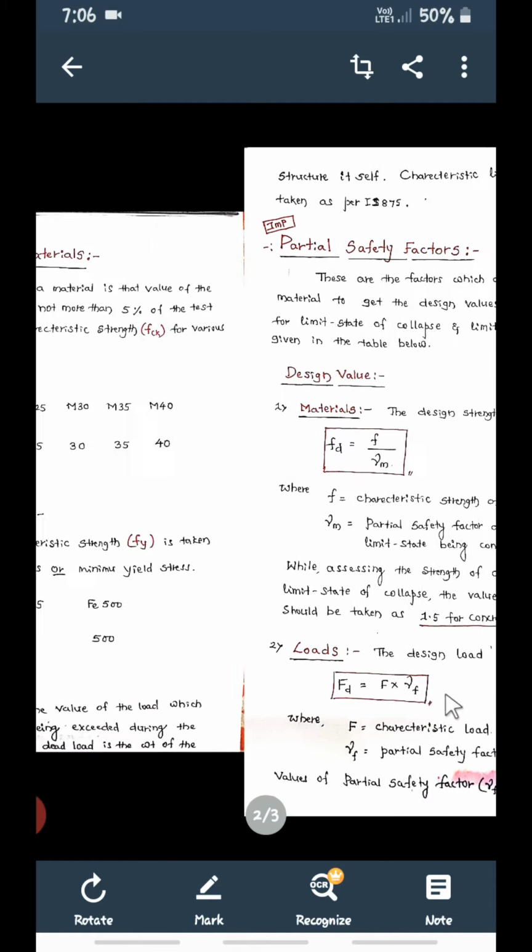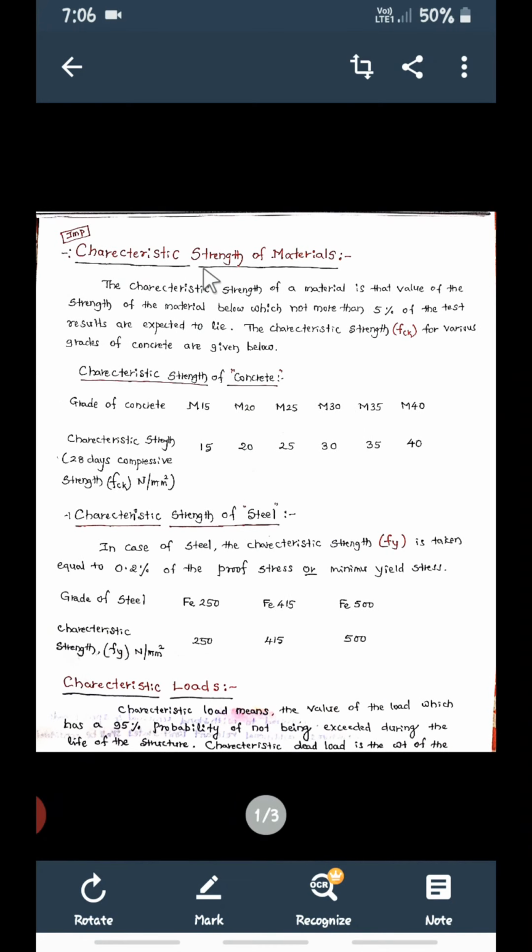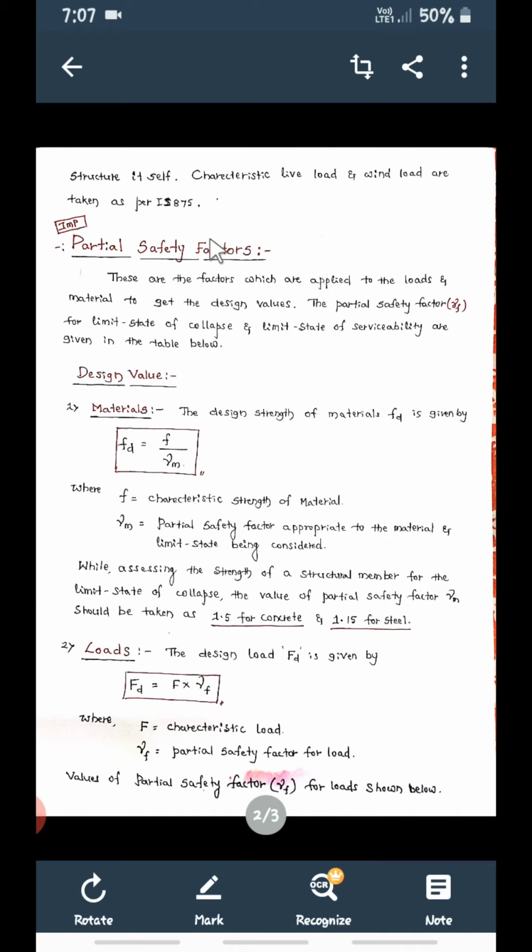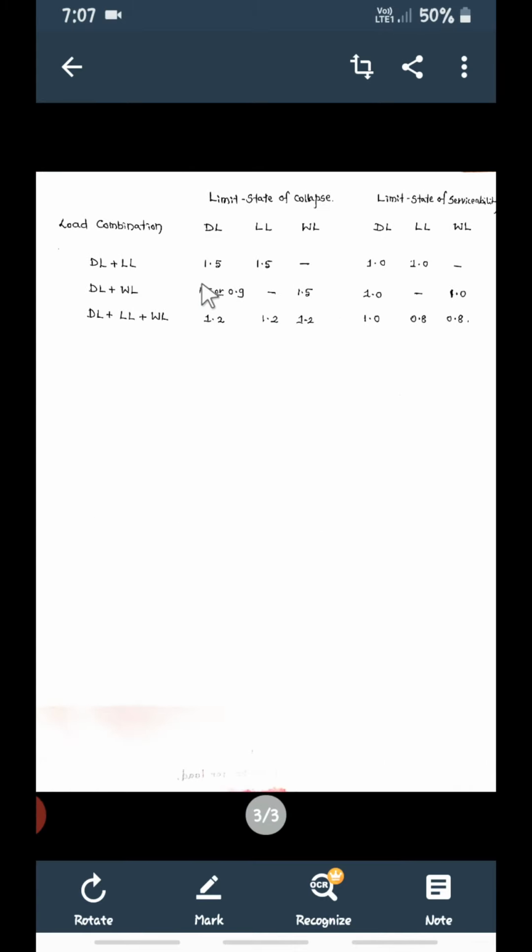Remember what characteristic strength of concrete and characteristic strength of steel mean, and what characteristic load is, and how the partial safety factors are applied to calculate the design values.